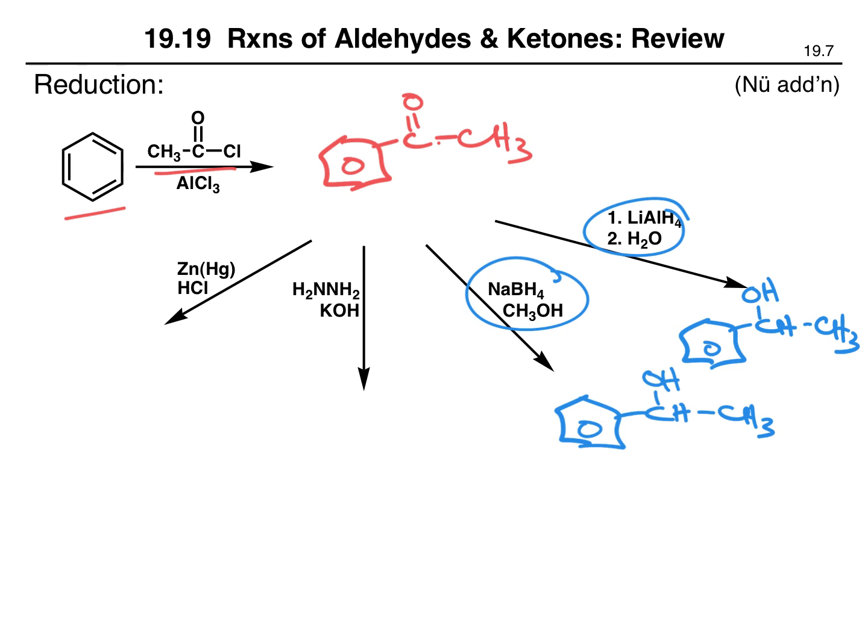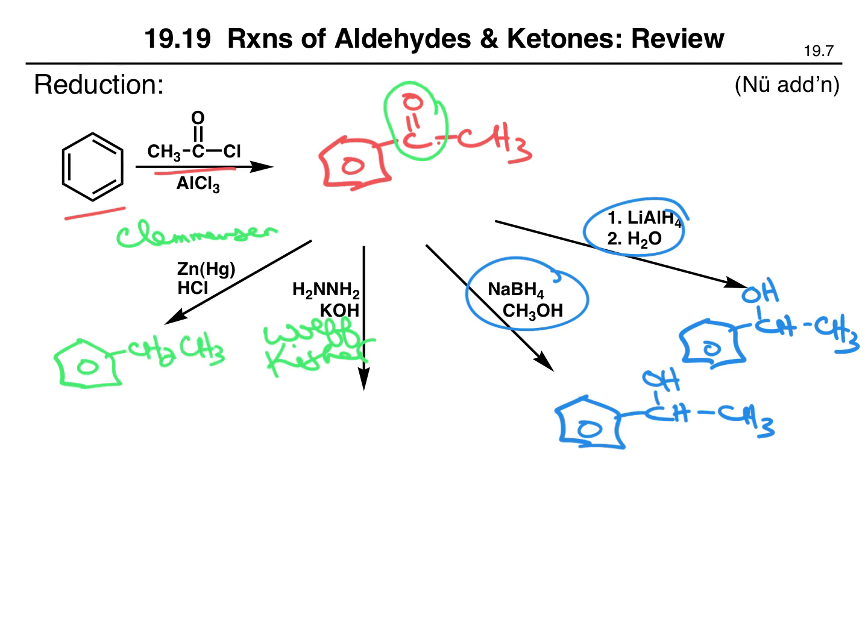So we saw that there was the Clemmensen reduction or the Wolff-Kishner, and that both of these would reduce the carbonyl all the way down to a CH2 group. So using the Clemmensen reduction, that will give us ethylbenzene, and Wolff-Kishner would also give us ethylbenzene.